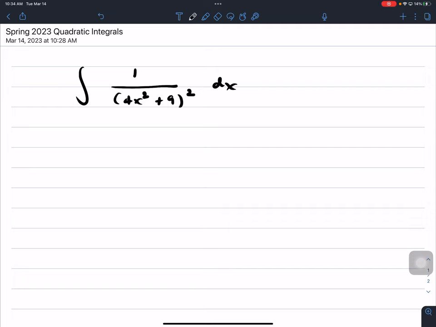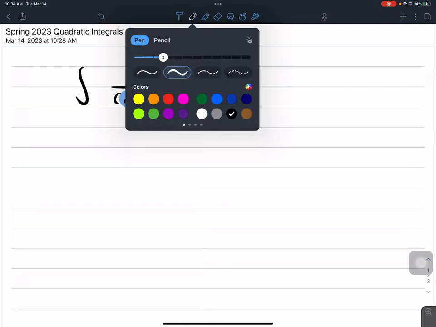All right, some quadratic integrals. Now, you might say to me, this particular integral, how are we going to handle this? Down here, you have a what? This is a quadratic. You guys okay with that?